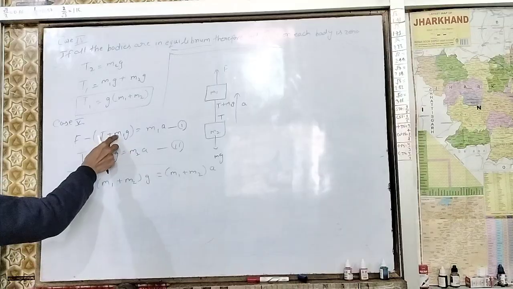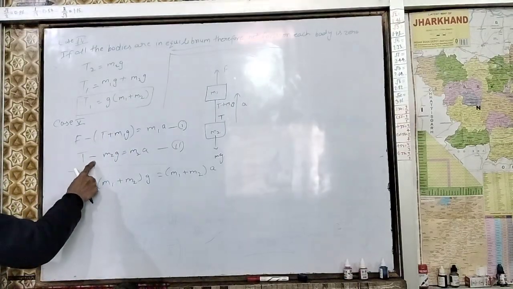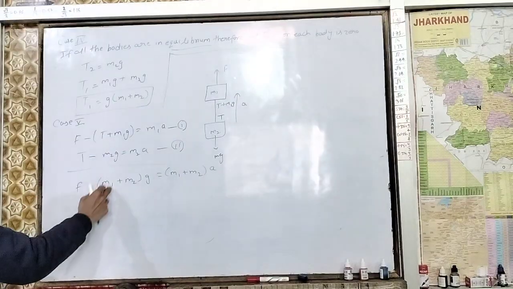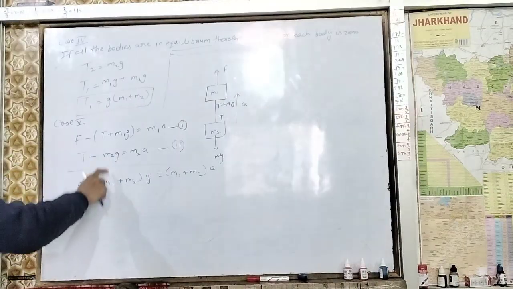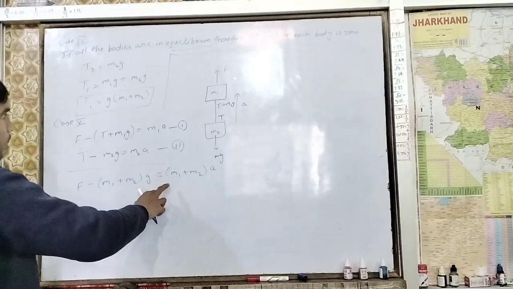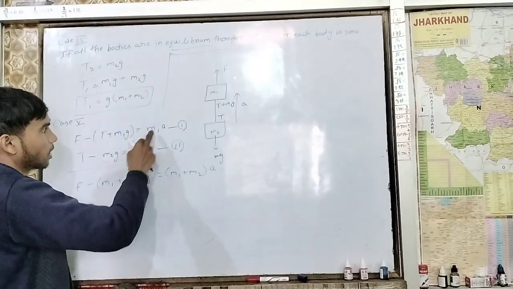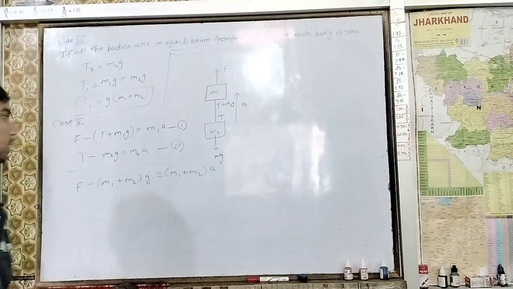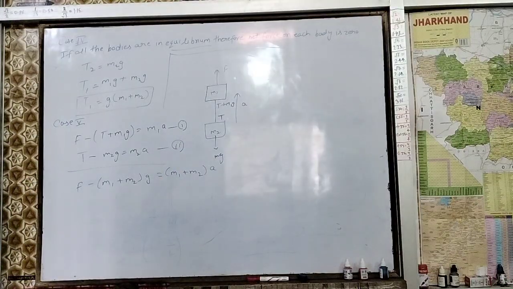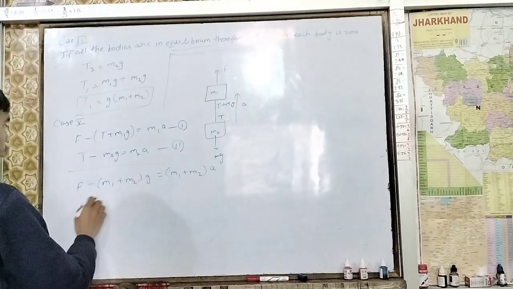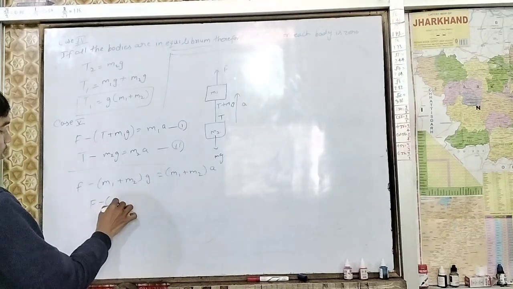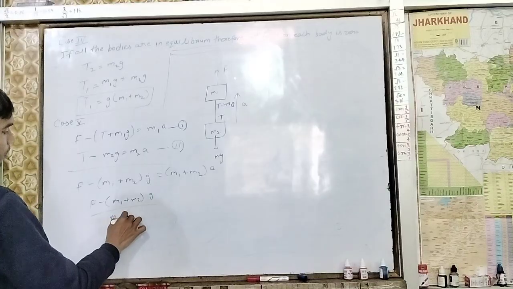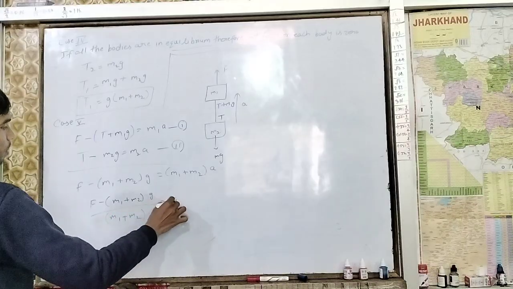So m1 plus m2 into g is equal to, over here a is a constant. We can calculate the acceleration. So acceleration will be F minus m1 plus m2 into g, upon m1 plus m2, which is equal to a.